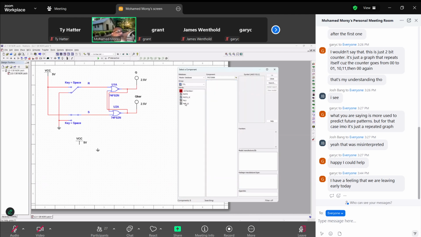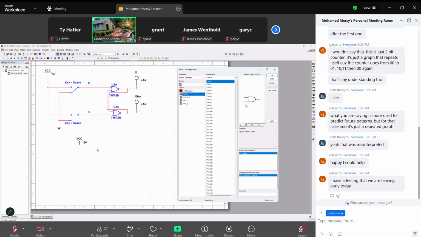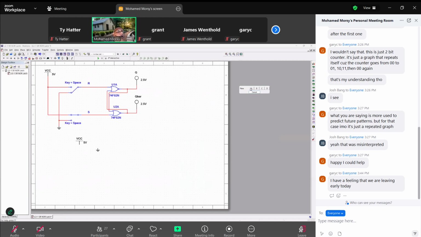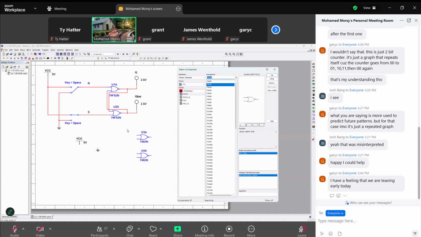But if it is not, without IC, this gives you gates here. So we need NOR gate with the number 7402, which is this one here. Okay, drag here. And we need another one. Okay. So we got 2.